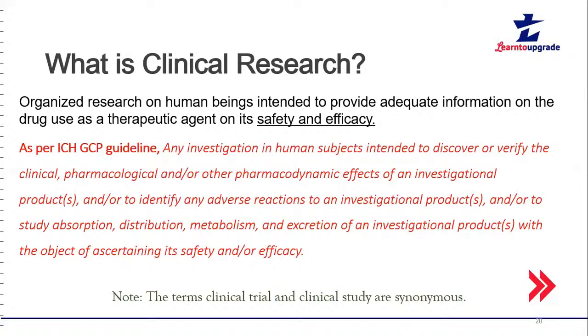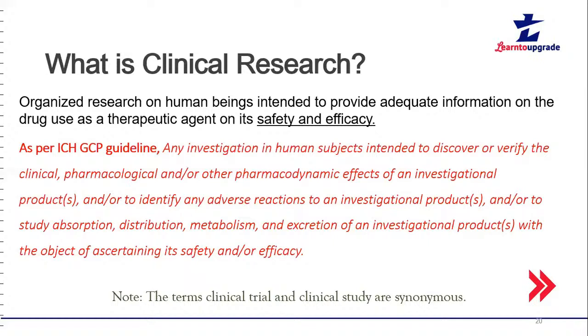And as per the ICH GCP guideline, another international guideline. Now, what is ICH GCP? ICH is the International Council on Harmonization. It is an international council with several global countries as part of it, and they create harmonized guidelines in clinical research which can be followed all over the world by the members.